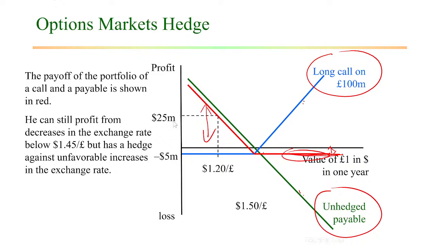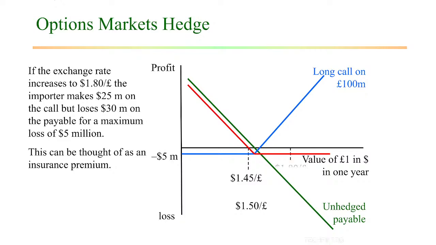But if the exchange rate goes up to 1.8 versus 1.5, our loss is 30 million if we don't hedge. Whereas if we hedged, our maximum loss is the option premium we paid, $5 million. So we will never lose over $5 million.